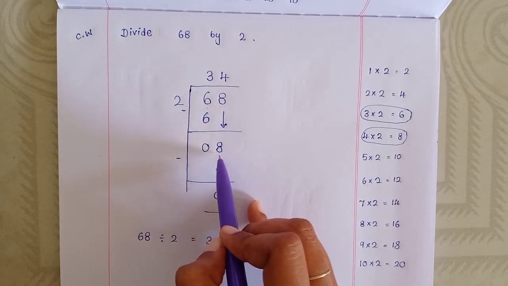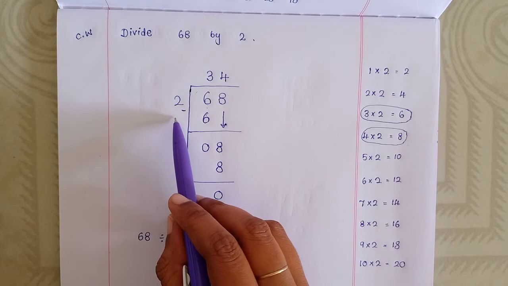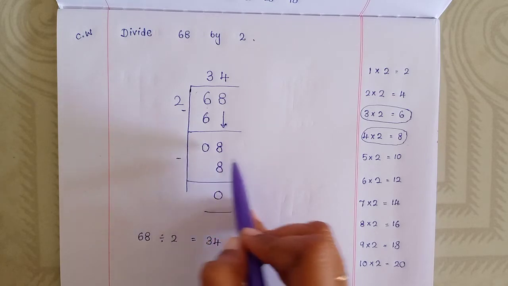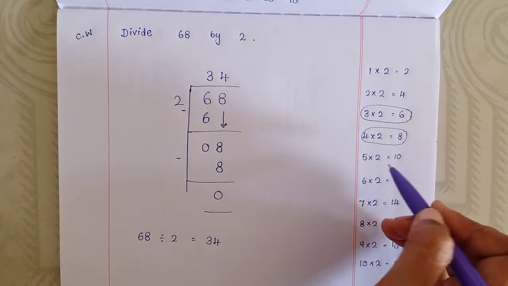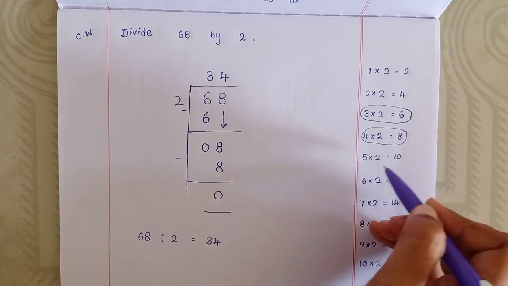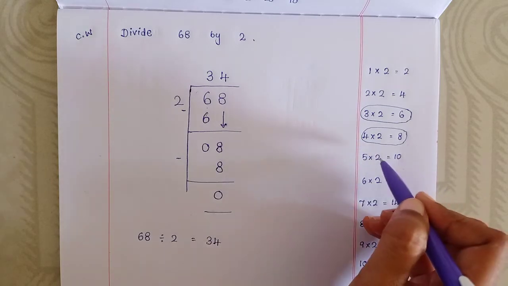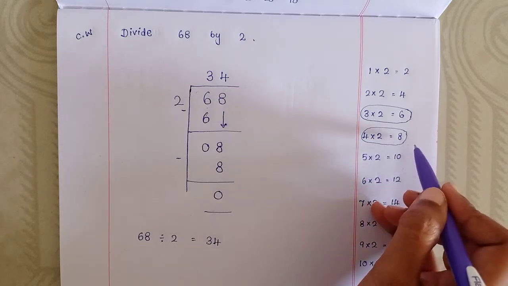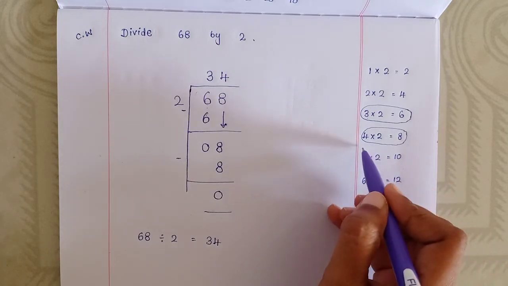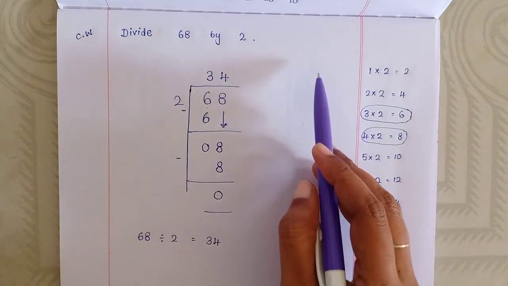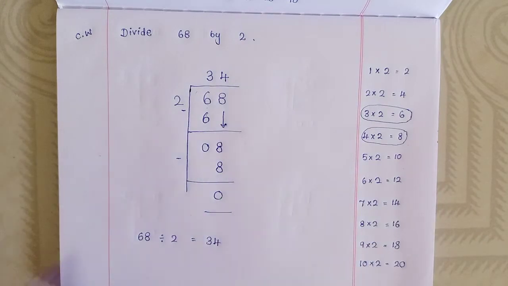Then we have to use the 2 table and find. Recall the table of 2 till you get 8. 4 2s are 8. So write 4 at the top and 8 below the ones digit.